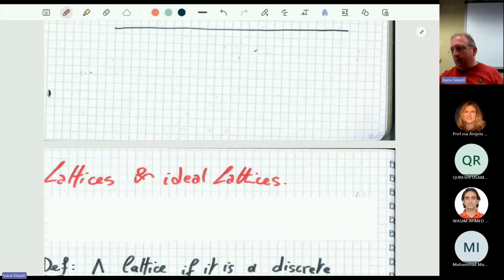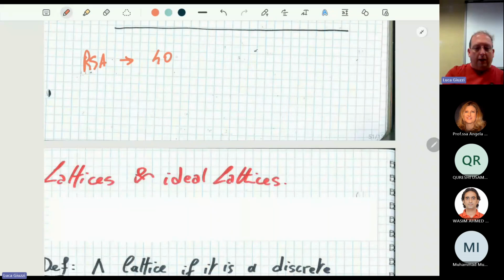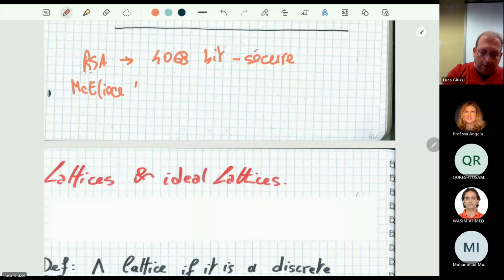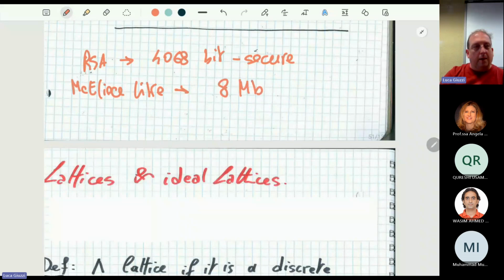For instance, and then I'll move to more details, for RSA, we deem nowadays a key of 468 bits to be secure. For mechanisms like code-based crypto systems, a key which is deemed to be secure is roughly of the order of 8 megabits.